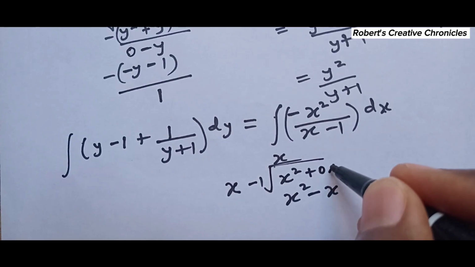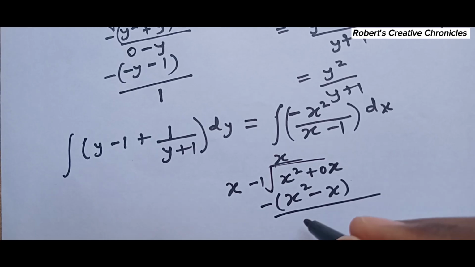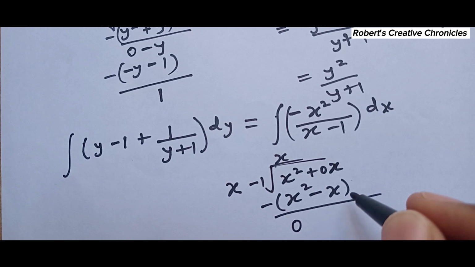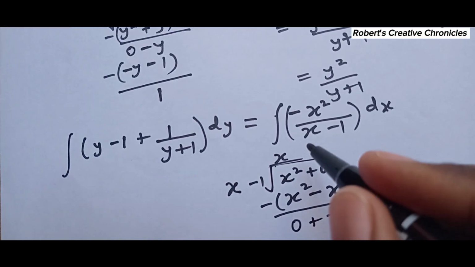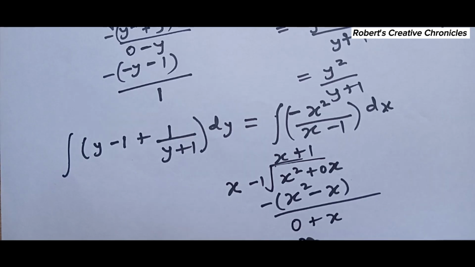This plus 0x. 0x plus x is what? It's x. So this divided by this is what? Positive 1. Then this becomes x minus 1.